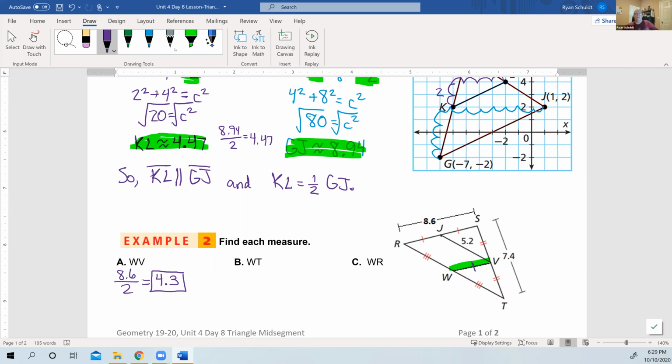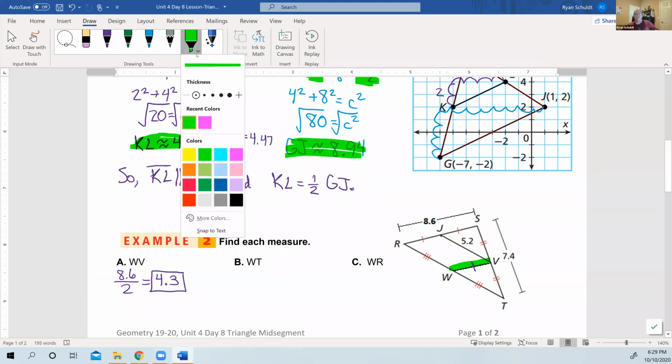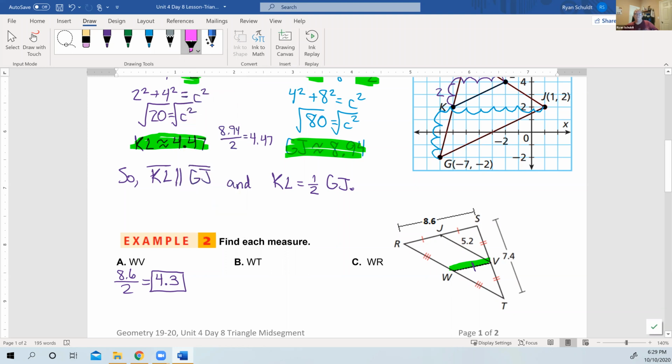Okay, the next one they ask about is WT. So WT is this one. What segment do I know of? And I covered the marks up, but there's 3 little lines here. What segment do I know of that has to be congruent to this one?